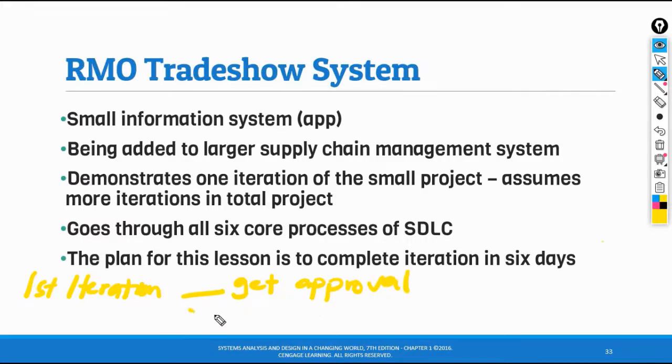The second objective is to get a clear picture of the system's overall vision.